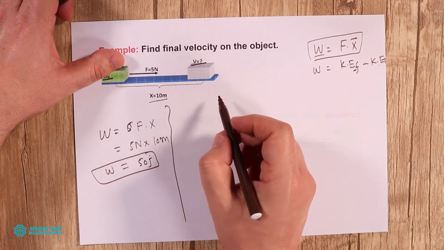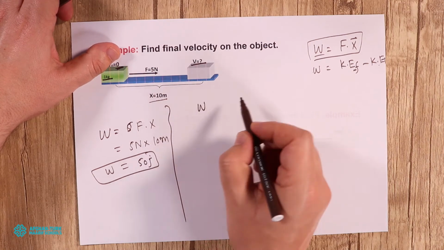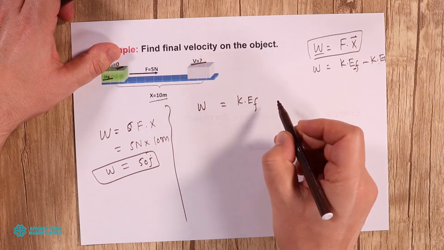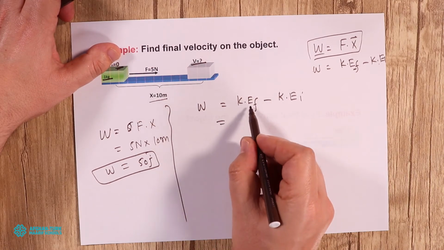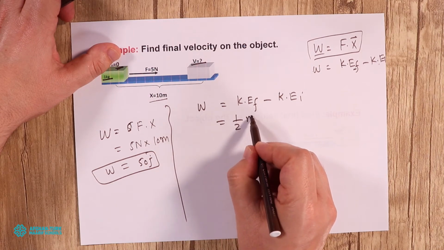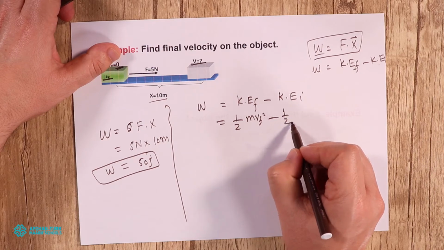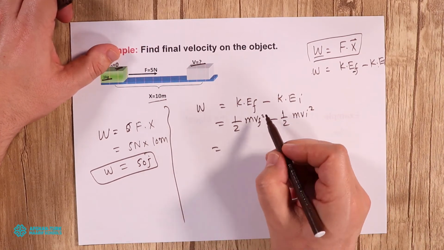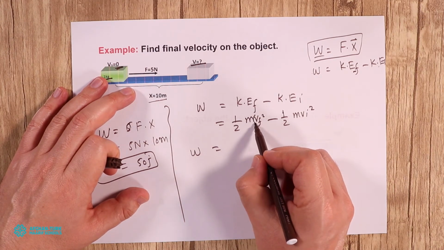Now to find the final velocity, we will use this formula: work is equal to KE final minus initial kinetic energy, and we know that this is equal to 1/2 m v_f squared minus 1/2 m v_i squared. We are trying to find the final velocity.